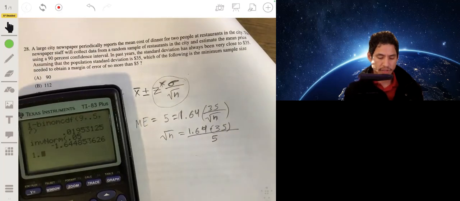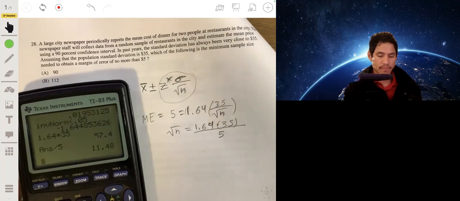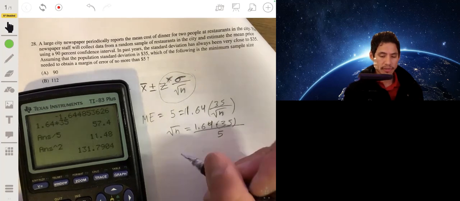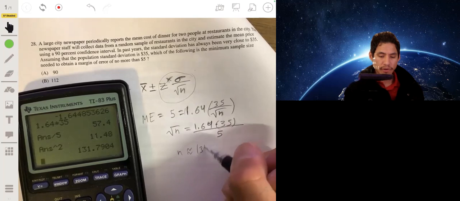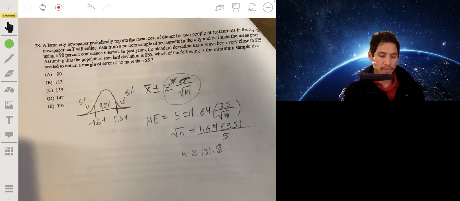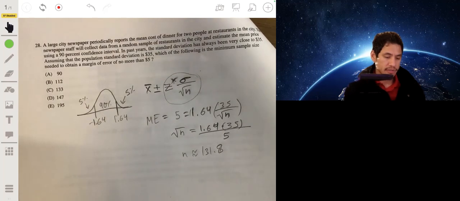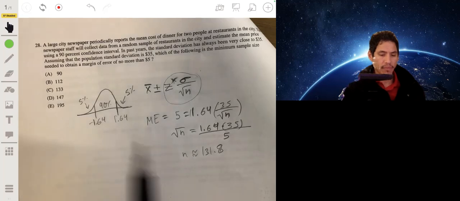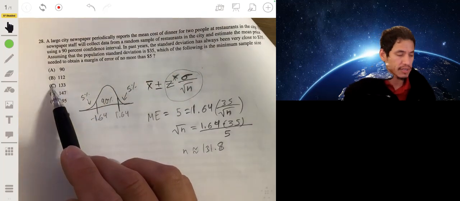So that's the square root of n. Square that, and n will be about 131.8. It's rounded, so we'll get about 133. That's our answer.